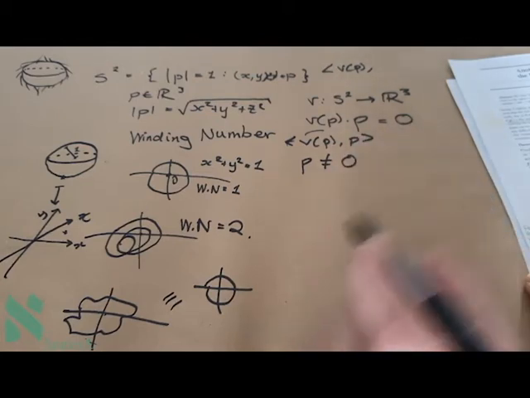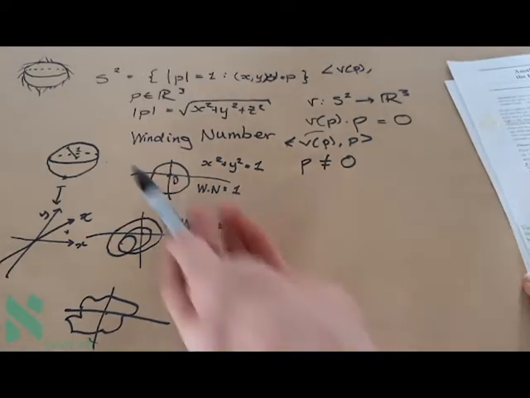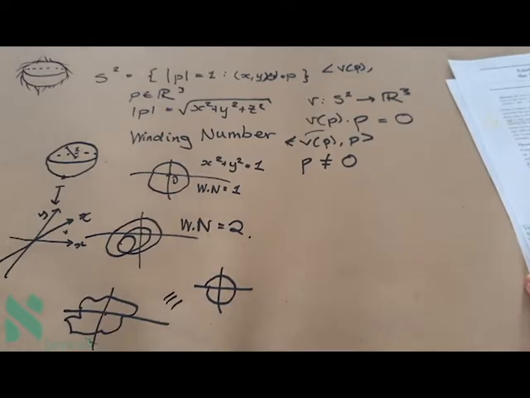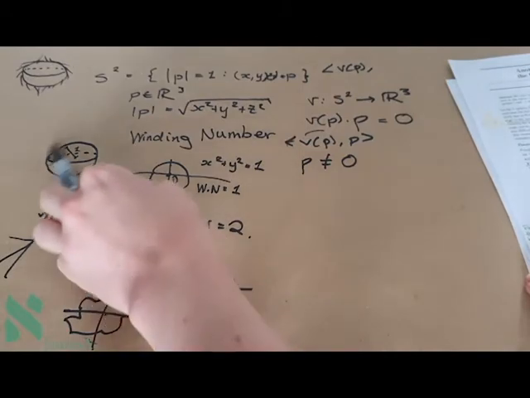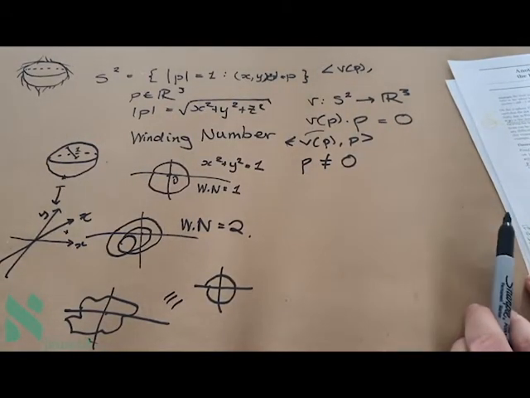And so our non-vanishing vector field is a field in 3 space or S2 where there are no vectors that have a 0 length. So at no point on that sphere is there a vanishing vector.